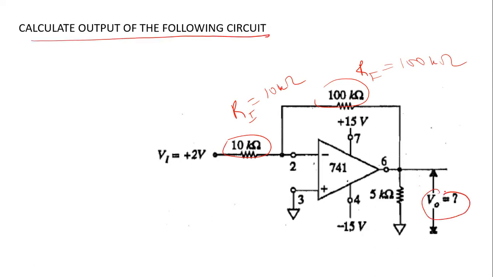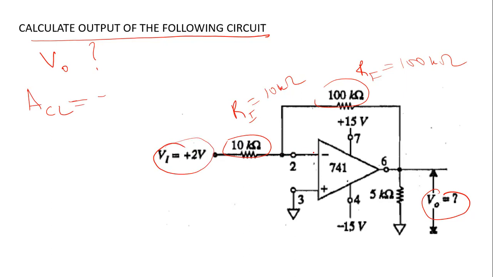Now calculate the output of the following circuit, V naught. You have to calculate it. So how do you calculate V naught? This is a very simple example. In order to calculate V naught, first you need to find out your closed loop gain. Here, if you look at this circuit, the input signal, which is plus 2 volt, is supplied to the inverting input terminal.